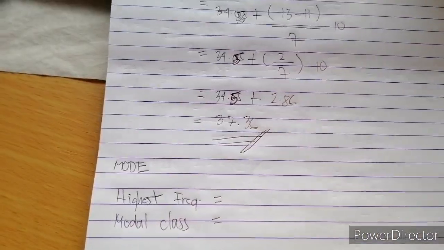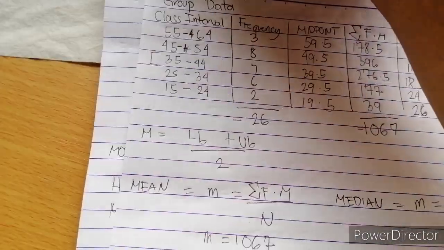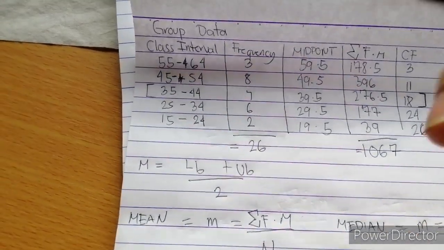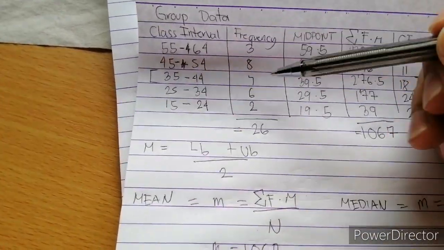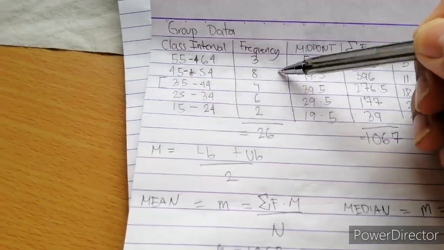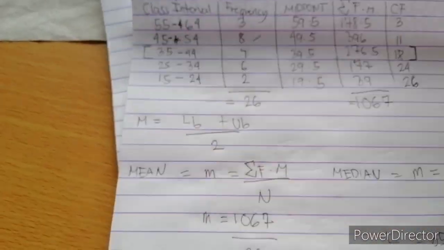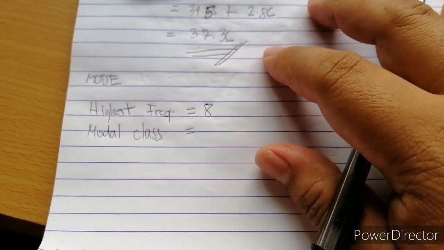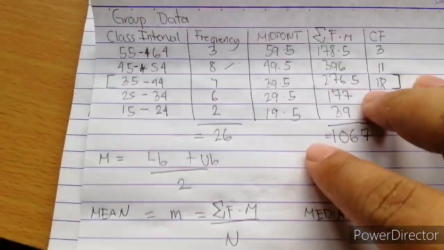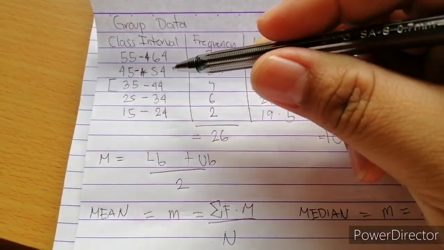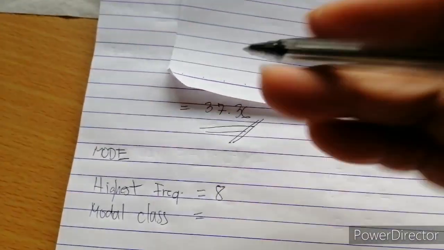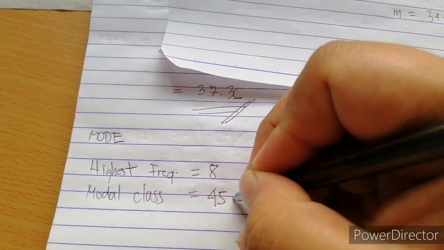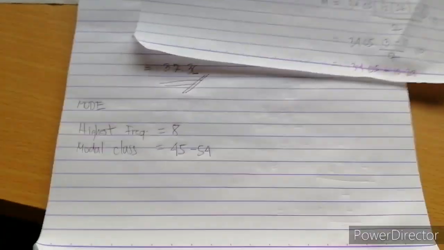In the data set, the highest frequency is 8, this one. So the modal class is 45 to 54.